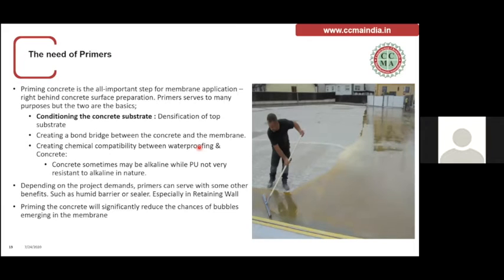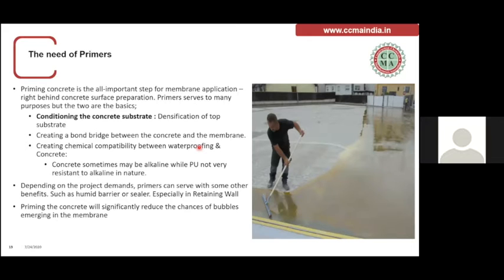Polyurethane by nature has a limited resistance to alkali, and many times what happens is that concrete being alkaline in nature, the top surface has a lot of alkaline properties. So if we don't have a separation primer, the alkalinity of the concrete can react with the waterproofing systems and cause a problem. That's where it is chemically required to go for a good priming system.